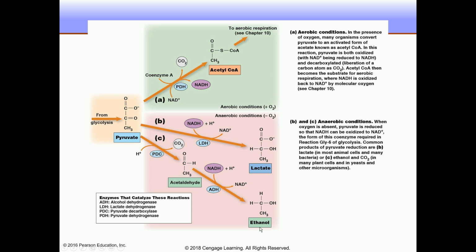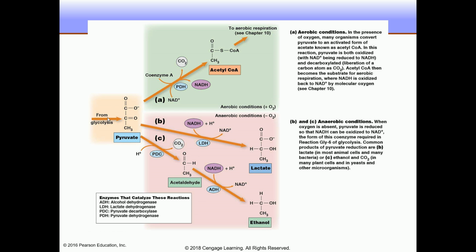In lactic acid fermentation, pyruvate is converted into lactate. In glycolysis we just talked about how 2 molecules of NADH are produced, right? NAD plus carries the electrons and gets converted into NADH.